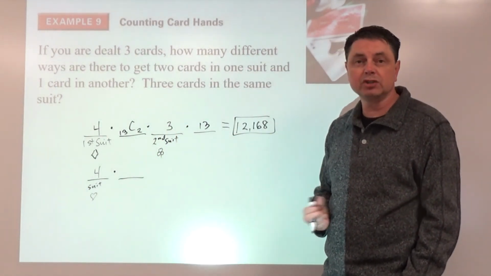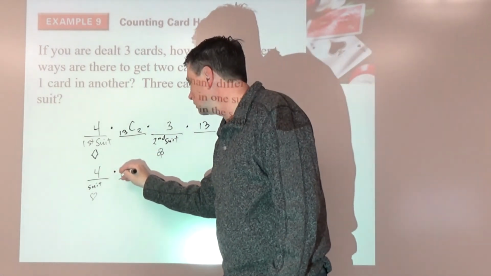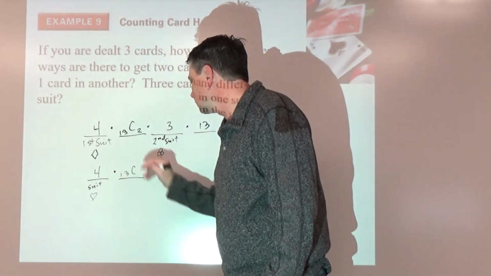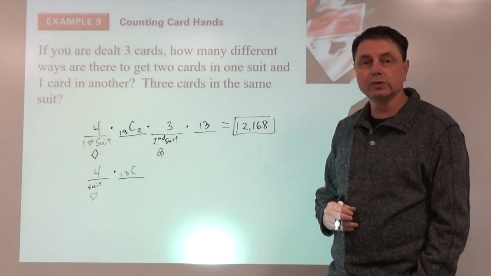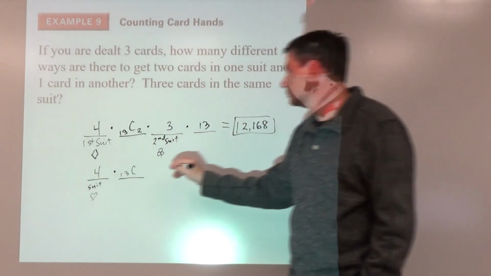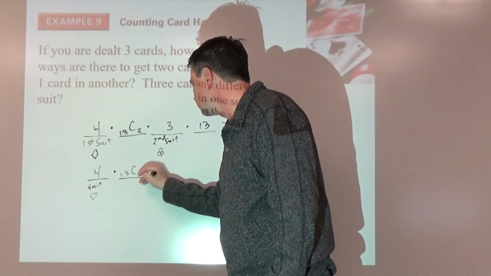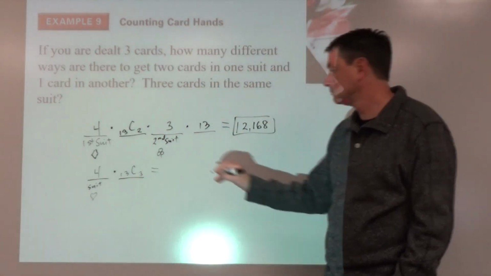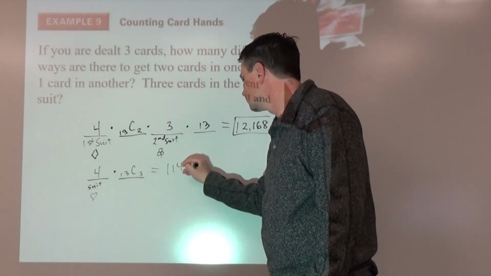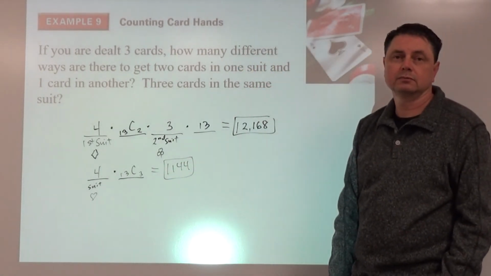So how many cards do we have to choose from? In hearts, 13. Order doesn't matter, so combination. How many are we choosing? 3. We've got all of our cards now. So if we do that calculation, we get 1,144.